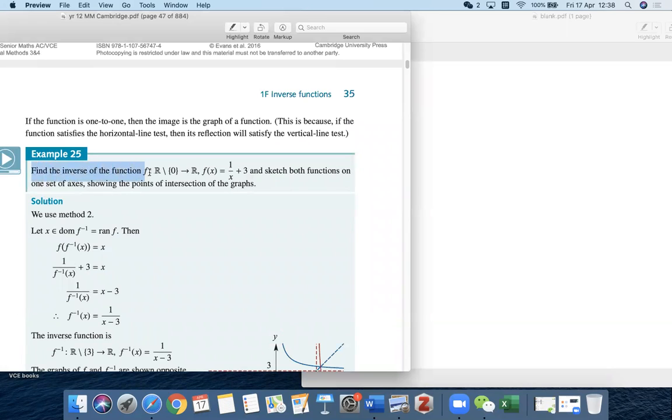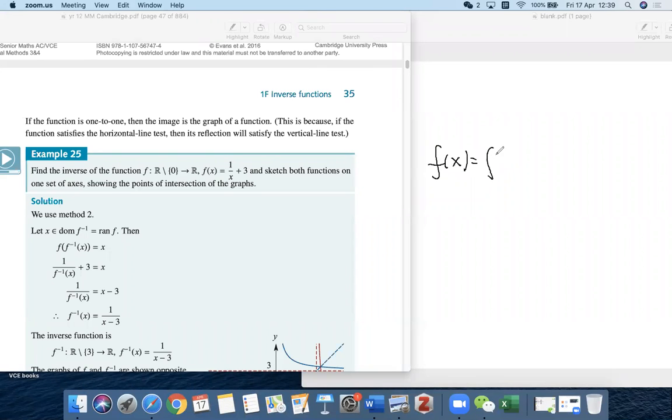First one: find the inverse functions and sketch both functions, showing the points of intersection of the graph. This is a typical exam question. Typically it always asks us to find the intersection between two graphs, which means f(x) equals f inverse(x). Sometimes an exam question can ask us to find this intersection.